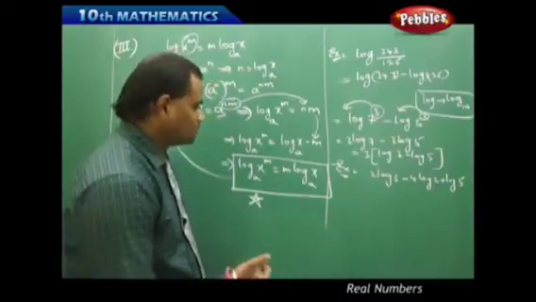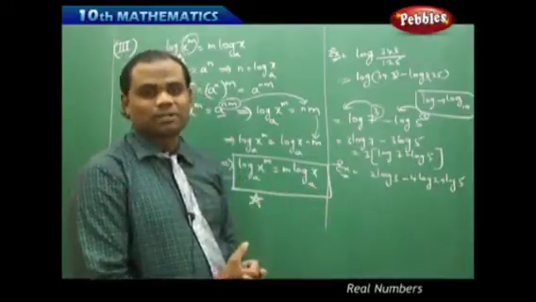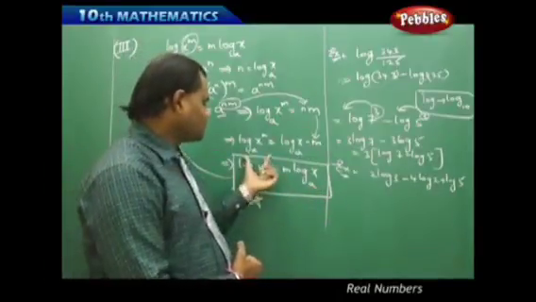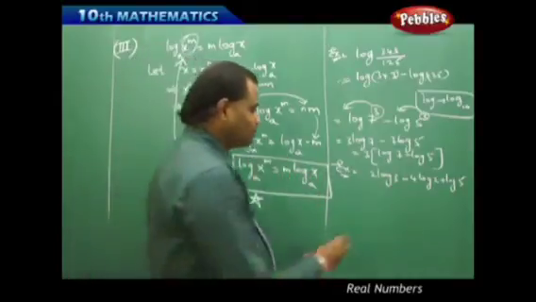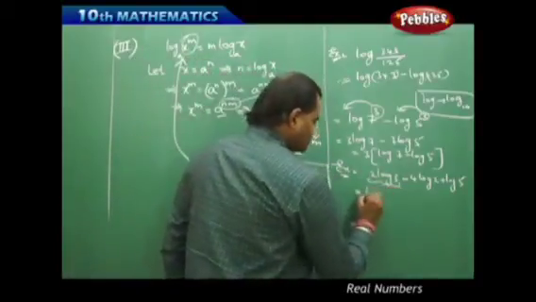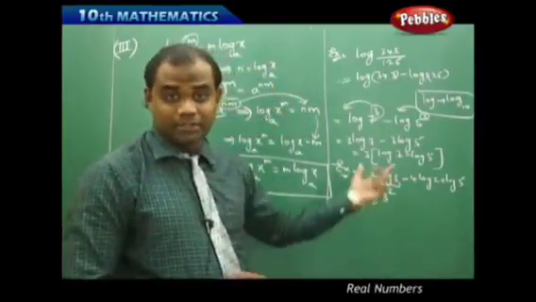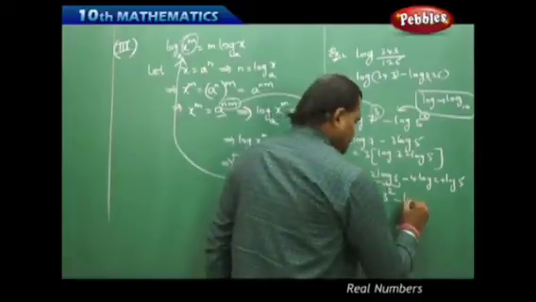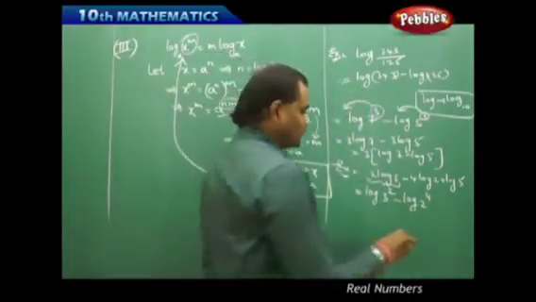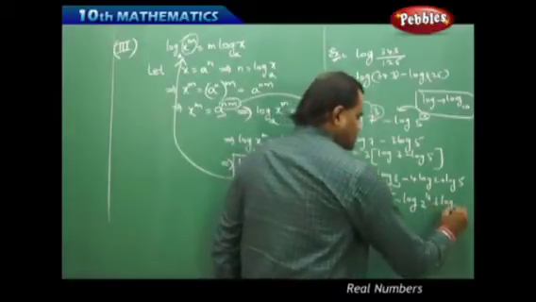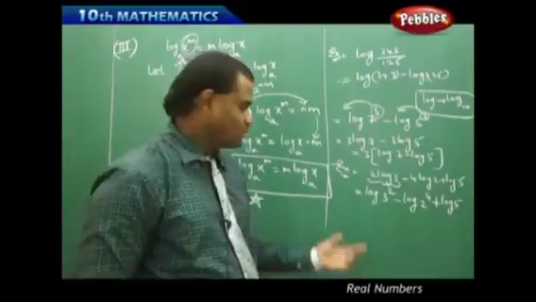It's quite simple, because here I'm going to go in the reverse process of using the formulae. If my log x power m is m log x, then my m log x is log x power m. Therefore, my m log x becomes log x power m, written as 3 raised to 2, minus 4 log 2 can be raised as 2 power 4. And this remains as it is, log 5, which can be further simplified.